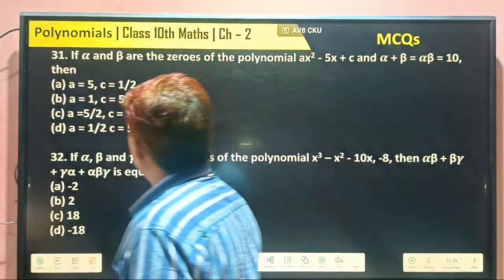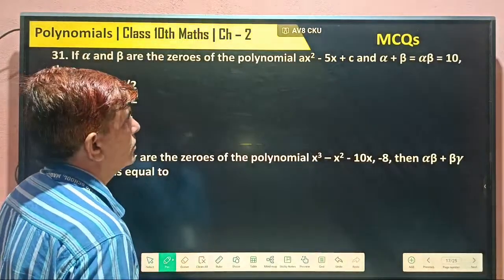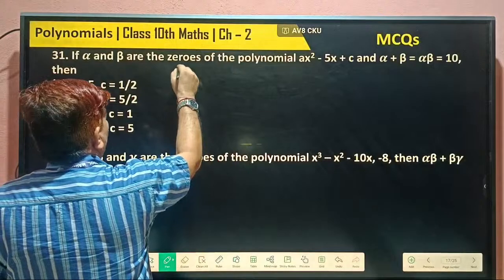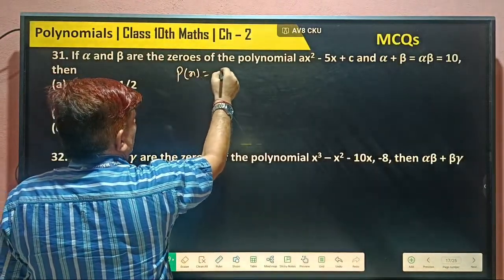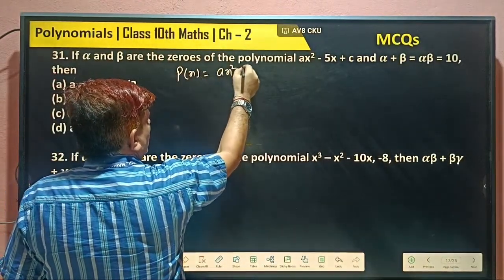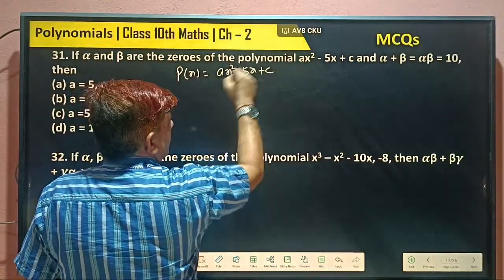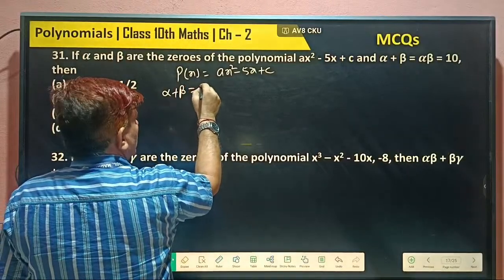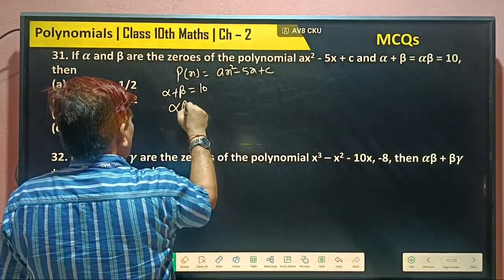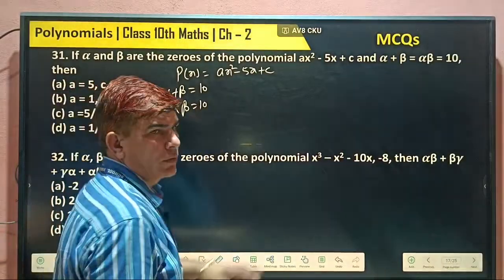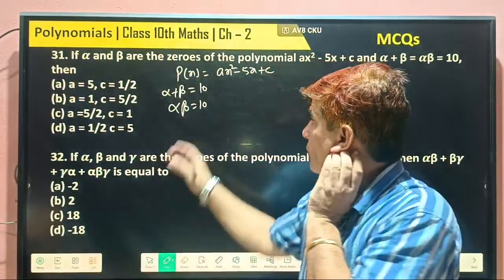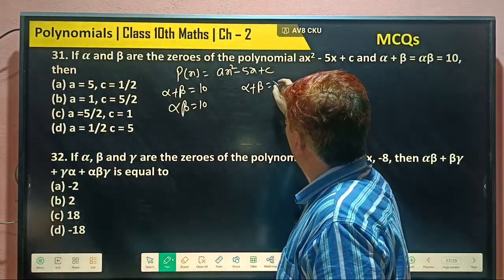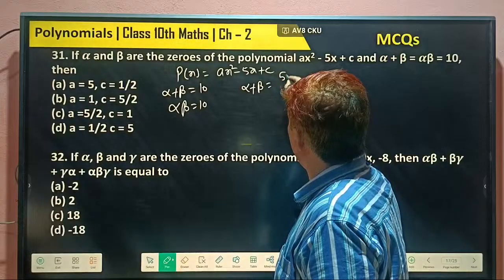If alpha and beta are the zeros of the polynomial p of x equals ax square minus 5x plus c, where alpha plus beta is equal to 10 and alpha beta is equal to 10. Alpha and beta are its zeros, so alpha plus beta is minus b by a, meaning 5 by a.